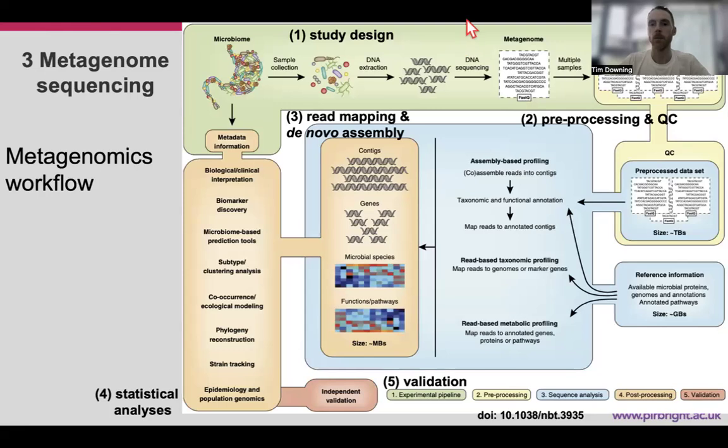Another more complex workflow is shown here. So here we have maybe a sample source, which is a stomach in this case. We can go to sample collection and extract the metagenome from that to identify what viral organisms are there. We can do QC, assembly or co-assembly, taxonomically identify what is there, and map them to the annotated contexts that are of interest to see what's there.